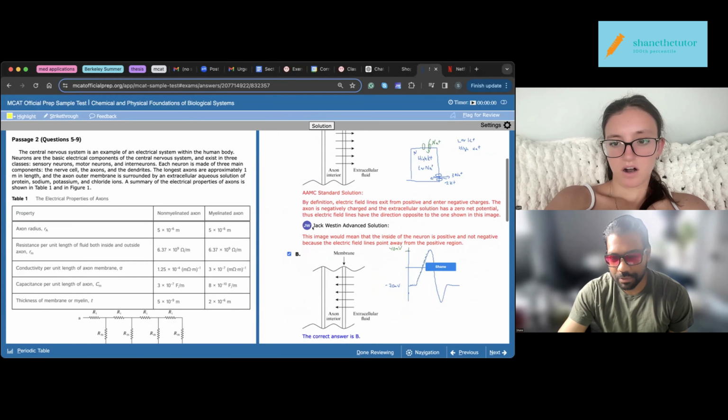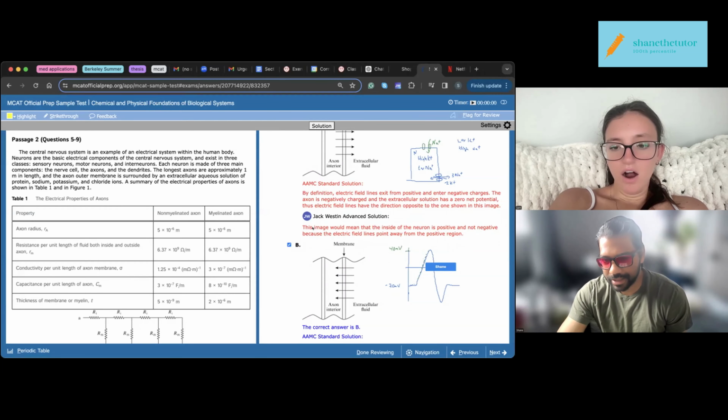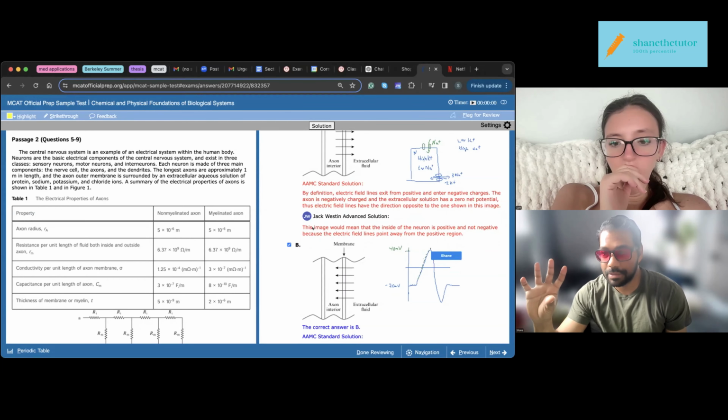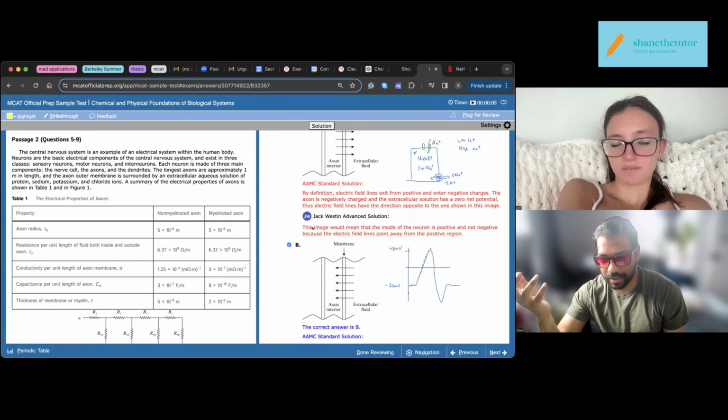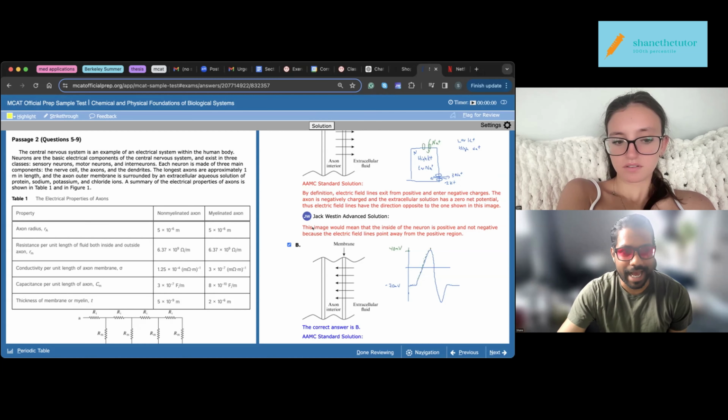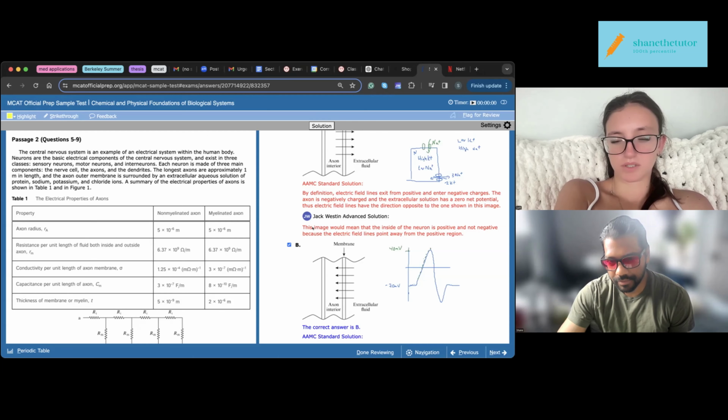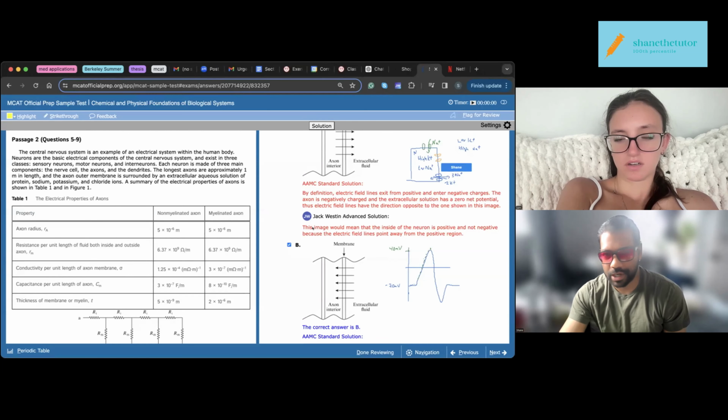So this is when the sodium channel opens up. Now at the top here, the sodium channel closes, but now the potassium channel opens up. It's the opposite. Which direction would potassium be moving? Potassium would be moving out. Exactly.